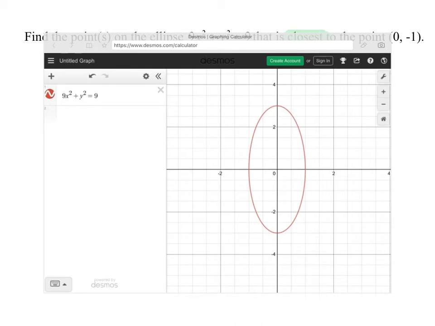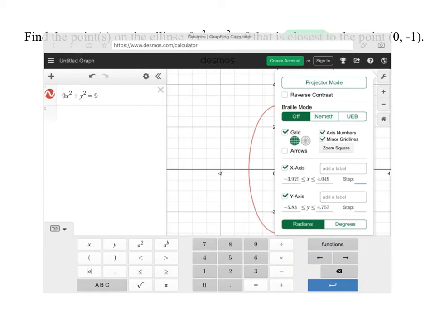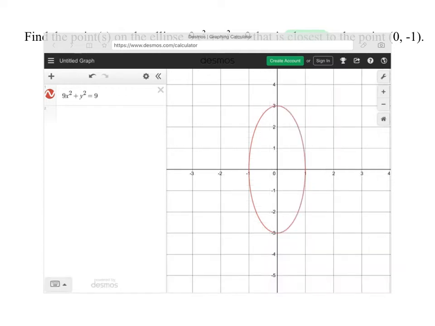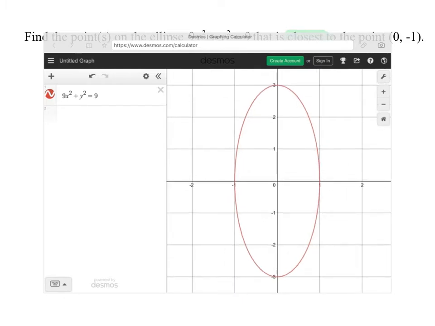And I'm going to change the settings on Desmos here. I'm going to go ahead and just use a step of 1 for both x and y. And then I like to turn off my minor grid lines just to have a clearer picture. So there's the ellipse that we are working with.